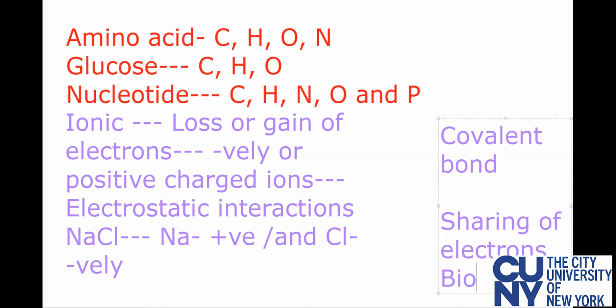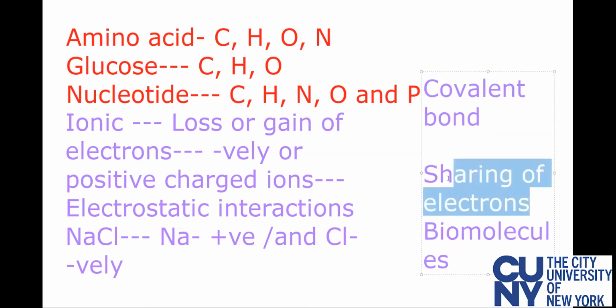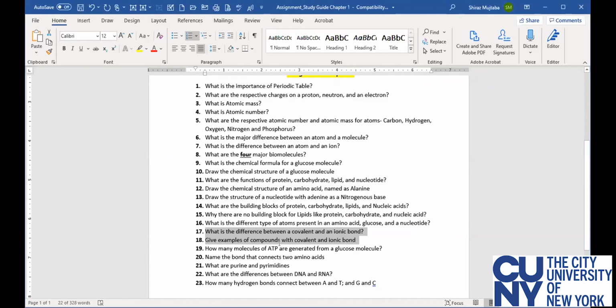Examples are most of the biomolecules. They are formed by covalent bonding, by sharing of electrons. Most of the biomolecules. So we took care of question number 17 and 18, I believe. Let's check. Yeah.